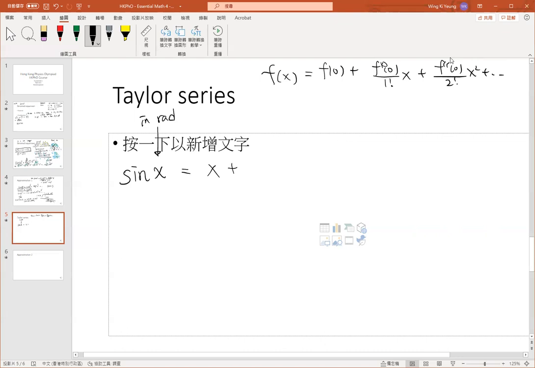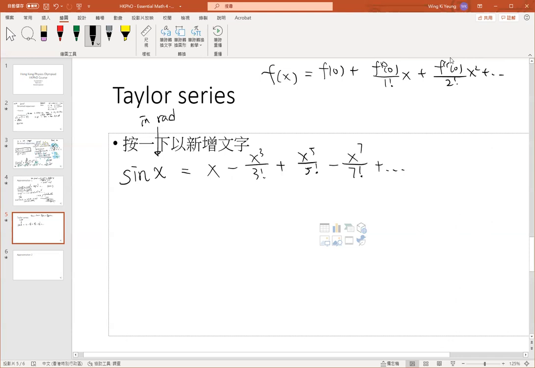So you change sine x to a polynomial, and then, oh sorry. I hope you can guess the next term. Is it plus, minus, plus, and then minus x to the power 7 divided by 7 factorial, and so on. So this is the Taylor series of sine x.